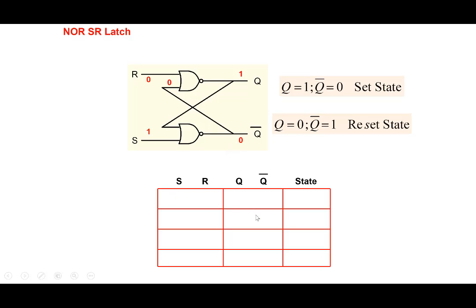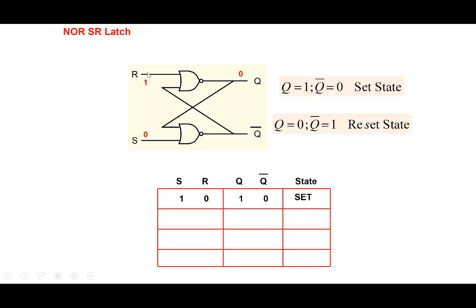Okay, so let's write down the description of this NOR latch here. When S is 1, R is 0, Q equal to 1 and Q bar equal to 0, and the state is what we call the set state here. Let's do the complementary part here. Let's put S as 0 and R equal to 1 here.